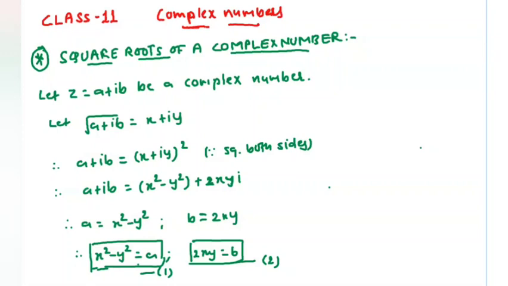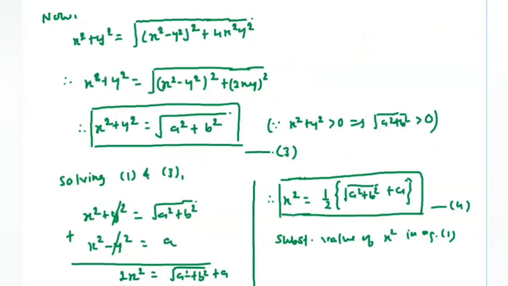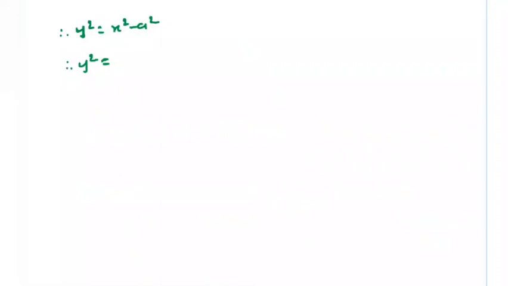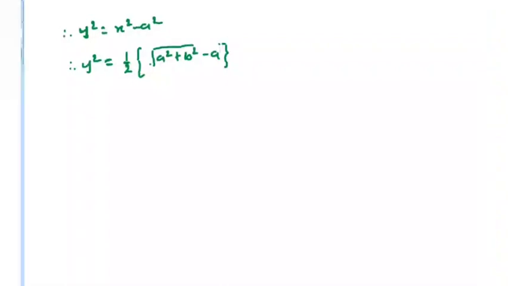So y square will be equal to x square minus a. Yes or no? Therefore y square is equal to x square minus a, and after substituting and simplifying, y square is half into square root of a square plus b square minus a. Clear? So we have got the value of x square as well as the value of y square.